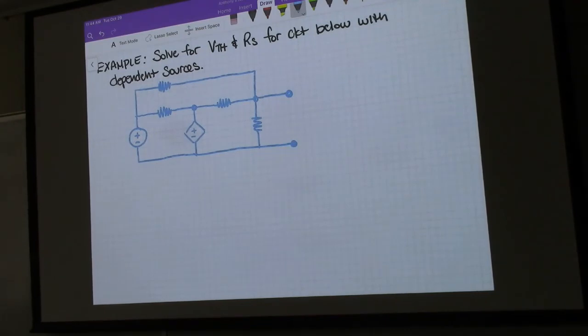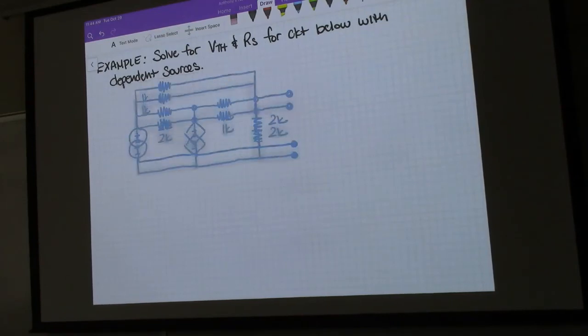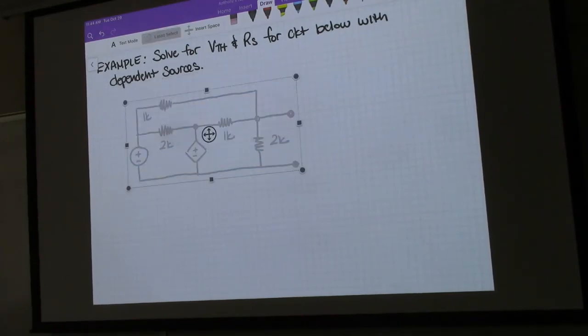Okay, so this is 2 kilo ohms, this is 1 kilo ohm, 2 kilo ohms, this is also 1 kilo ohm. We're going to call this value Vx right here. And this is 2 times Vx.